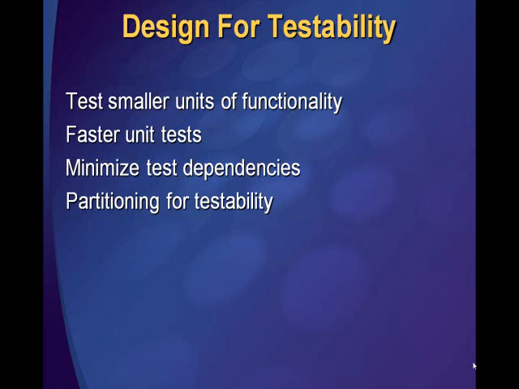Remember, when you run your unit tests, you want them to run relatively quickly, so you get into the habit of running the unit tests every time you check in code or before you check in code. Returning a stub or a mock object would allow us to independently test the main class. So you can also think about how you partition your application to make testability easier.